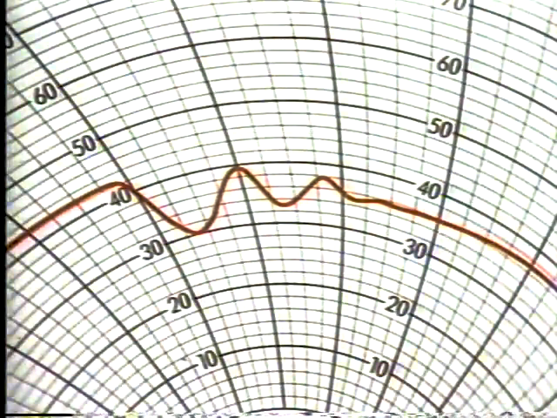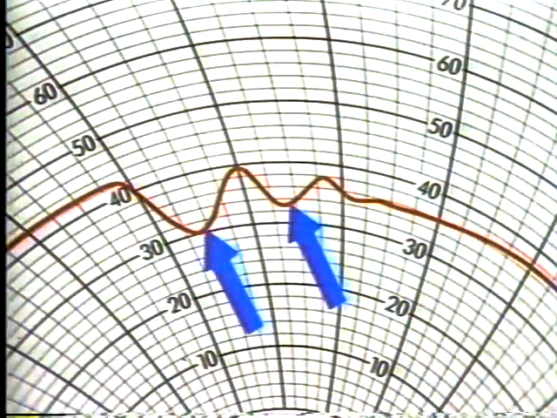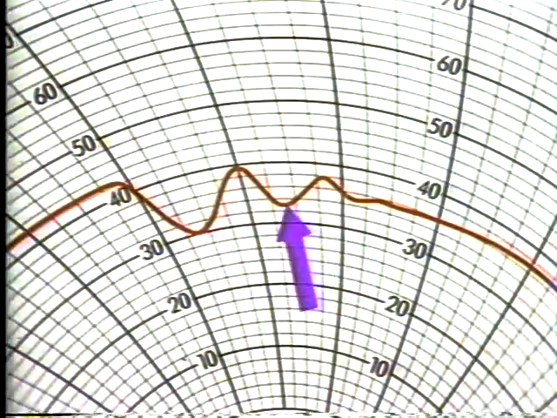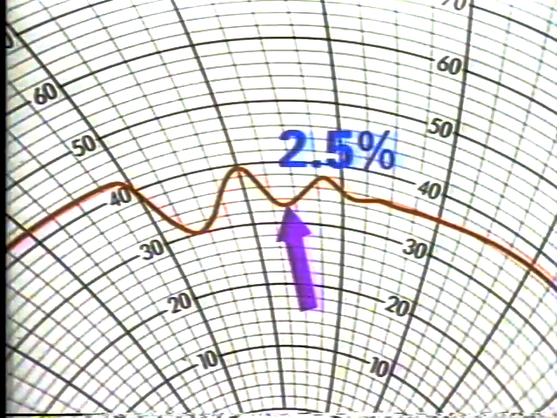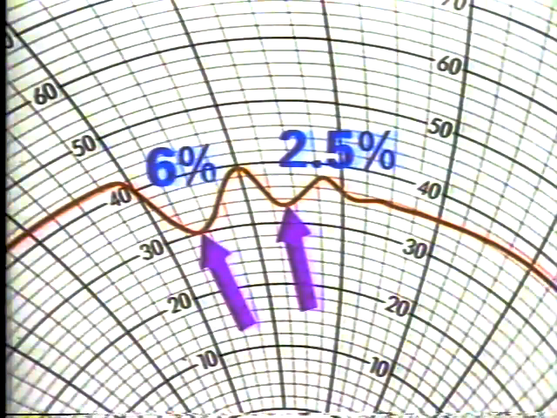The curve's decay ratio is the ratio of this peak to this peak. This peak was about 2.5% below the point where the cycling stopped, 36%. And this one was about 6% below it.